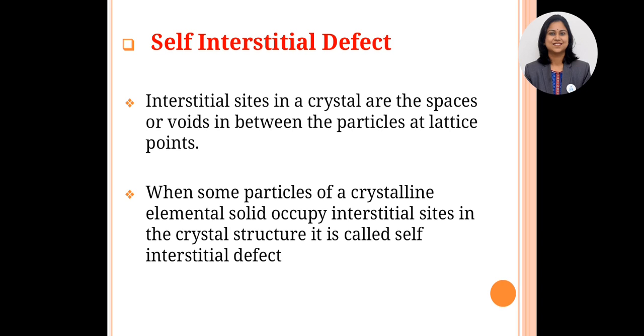Actually, this defect occurs in two ways. First, if an extra particle occupies an empty interstitial space in the crystal structure. This extra particle is the same as those already present at the lattice points.